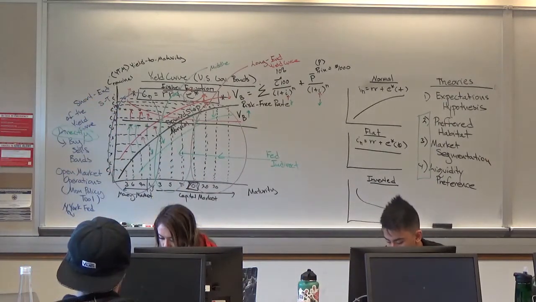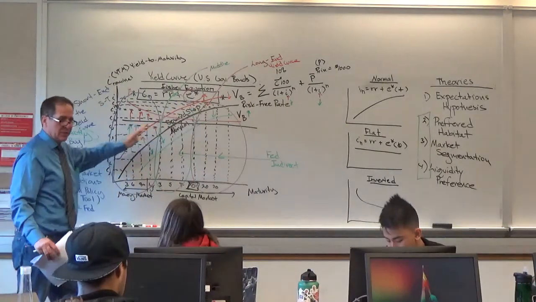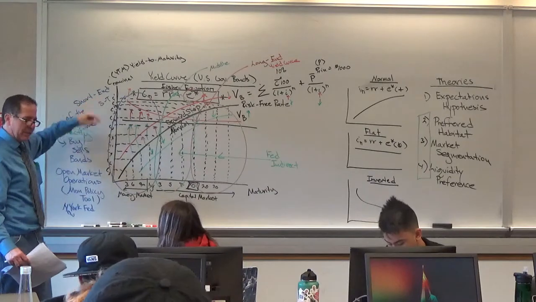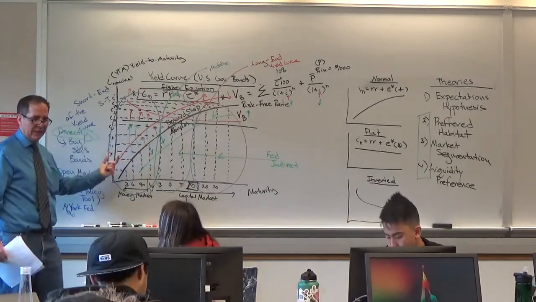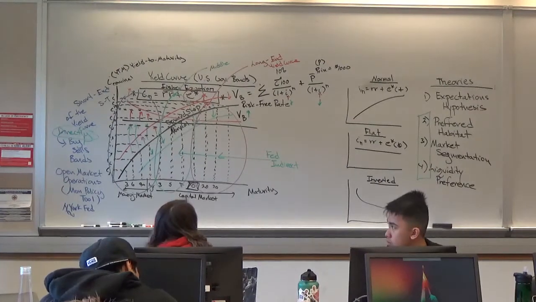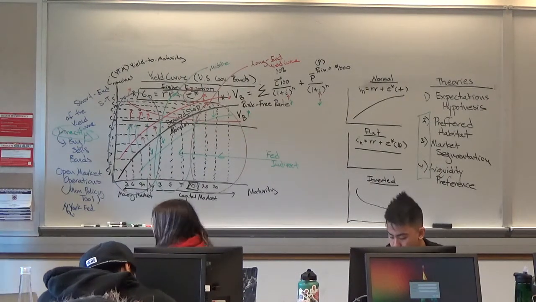Okay. So the first thing you do is you do the upward slope, you set up your maturities, you set up your interest rates, and then you tie them all together. Okay. Tell me when you guys are ready.